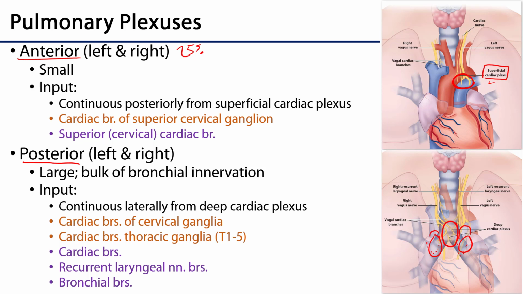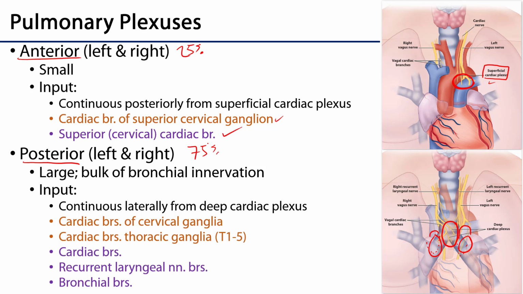So we're talking about the cardiac branches of the superior cervical ganglia, as well as the superior cervical cardiac branches of the vagus nerve.